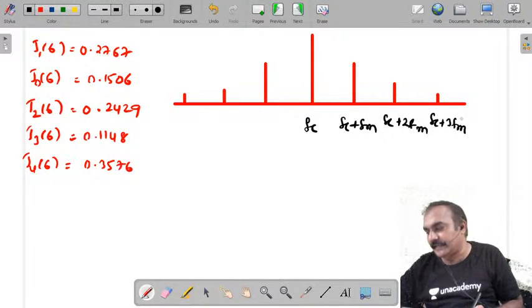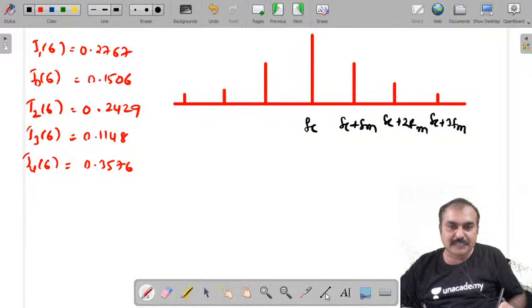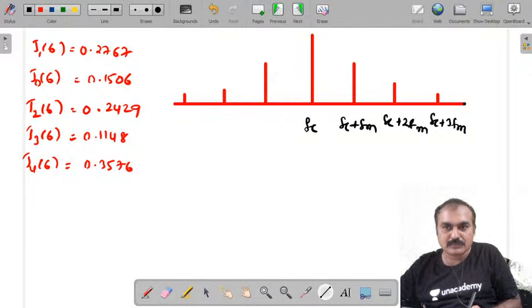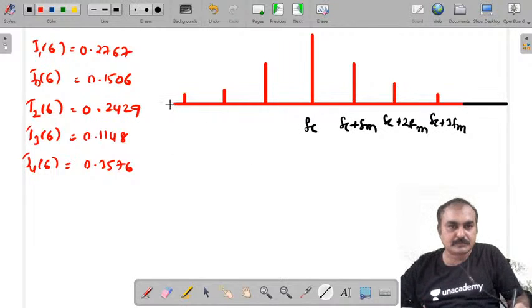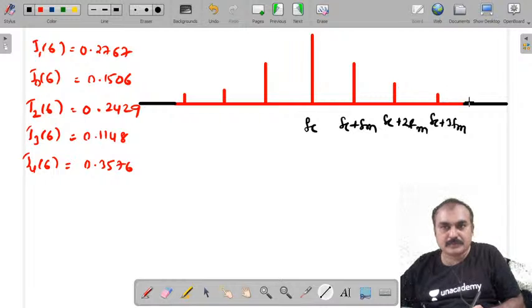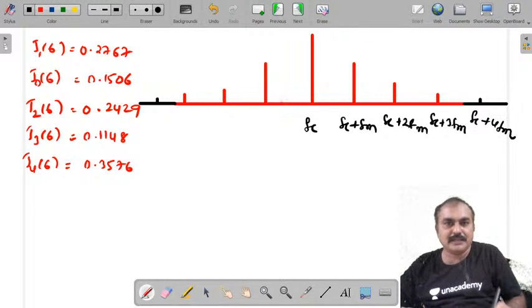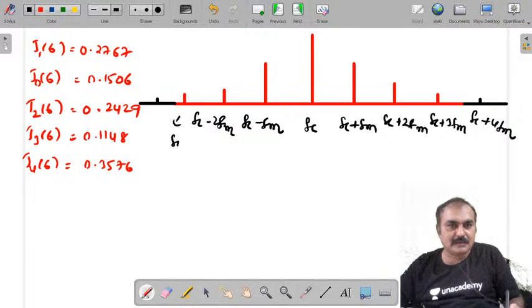We are going to take it up to 4 because he is asking up to 4. This is FC plus 4FM. Similarly FC minus FM, FC minus 2FM, FC minus 3FM, FC minus 4FM.